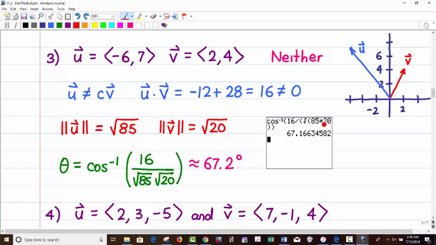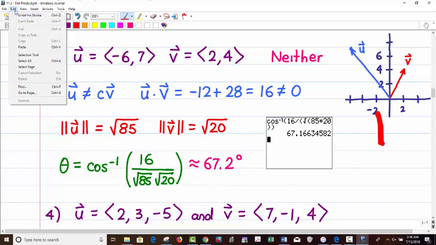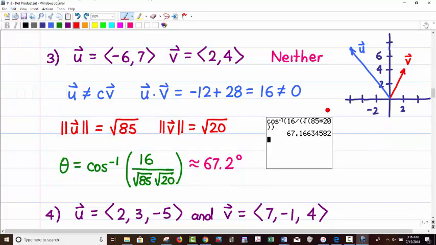And notice once again, I put those two numbers under the same radical, made sure they stayed within the parentheses, so they're all part of that same square root. And I got 67.2 degrees roughly. That looks about right for that picture. 67.2. Let's see about this one.